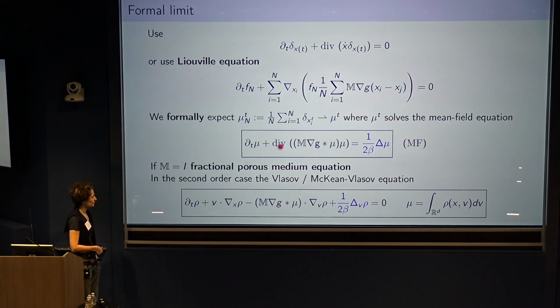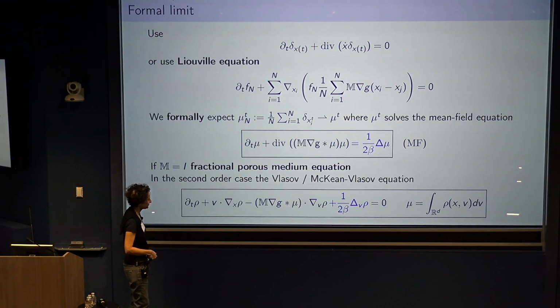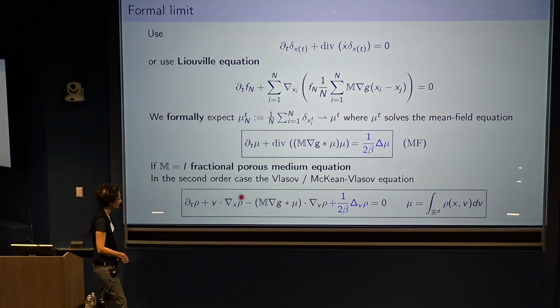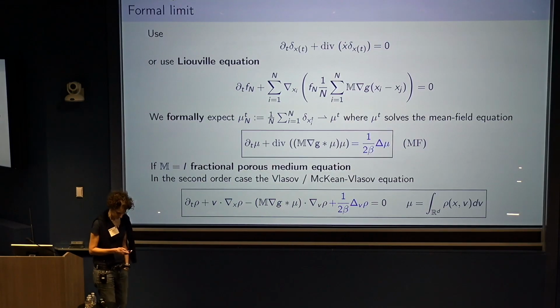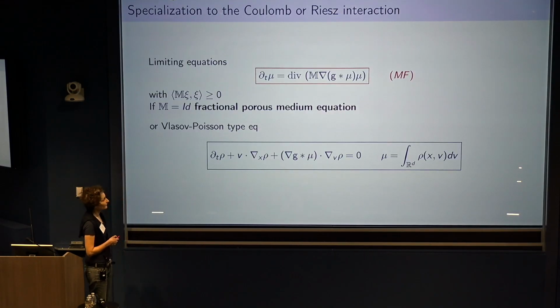And then the formal equation is going to take this form, which is a Vlasov form, or McKean-Vlasov, or Vlasov-Poisson if G happens to be Coulomb. So you find here you have a free transport term. Then you have the sort of electric field, you could call it. Plus possibly the diffusion. Any questions?